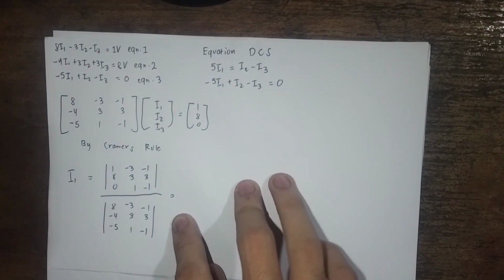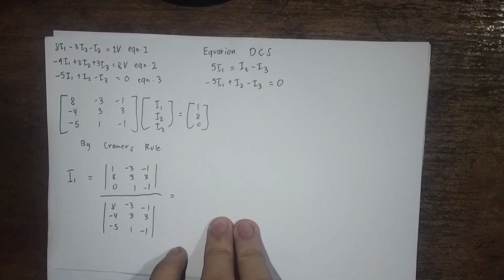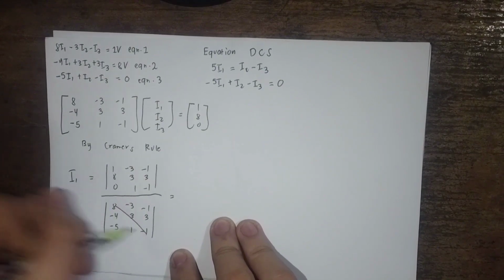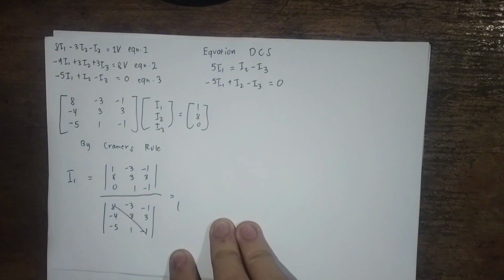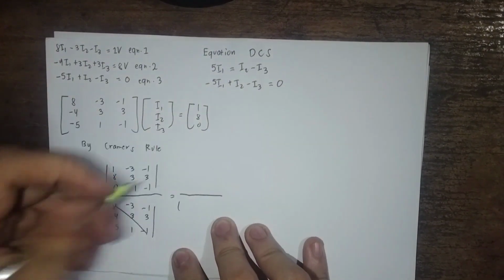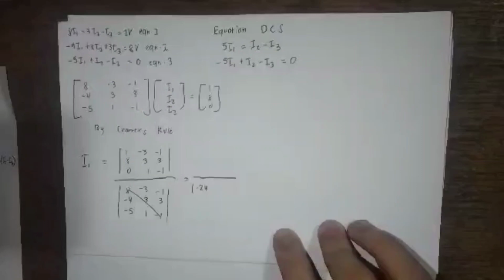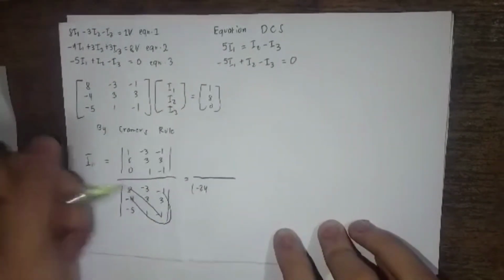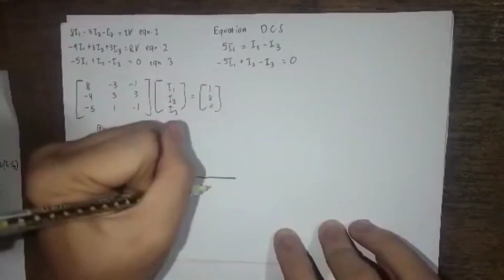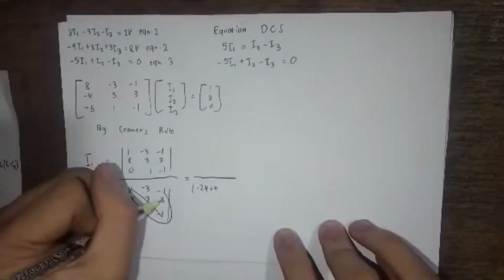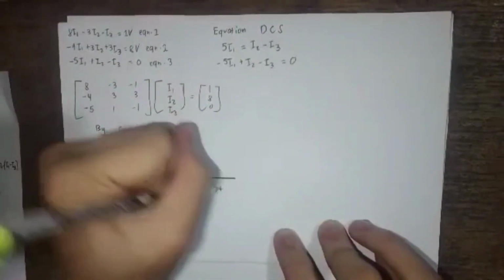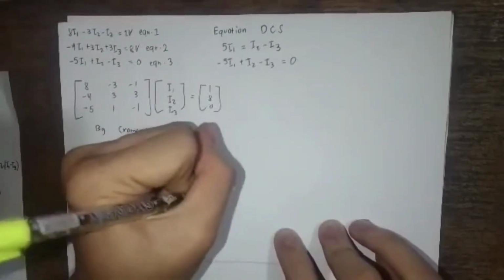To solve this, we use the basket method, where we multiply along the diagonals. This equals negative 24. Next, we multiply negative 4, 1, and negative 1, which equals positive 4. Then 3, negative 3, and negative 5, which equals plus 45.